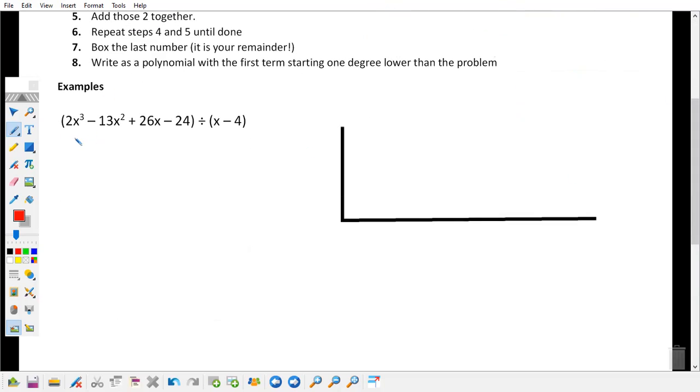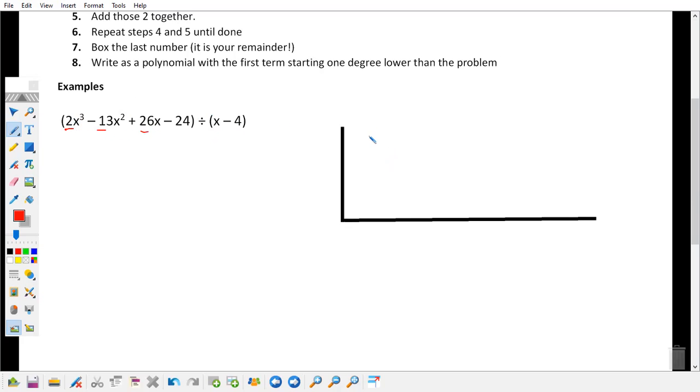So our example here, we have 2x cubed minus 13x squared plus 26x minus 24 divided by x minus 4. All see it? Okay. So if I'm taking this and I'm dividing it by x minus 4, the first thing I'm going to do is only write out the coefficients.